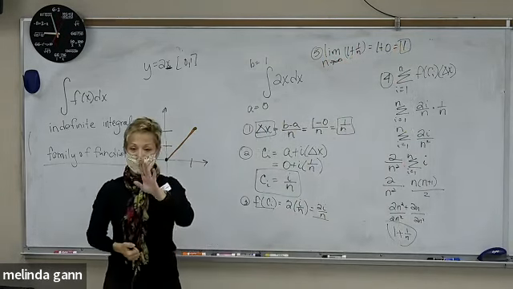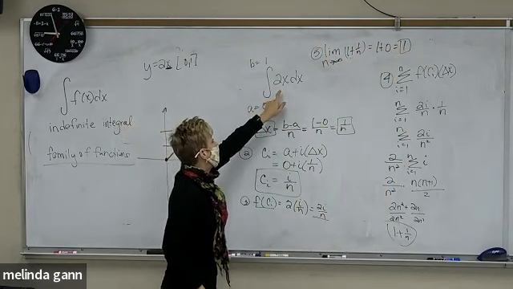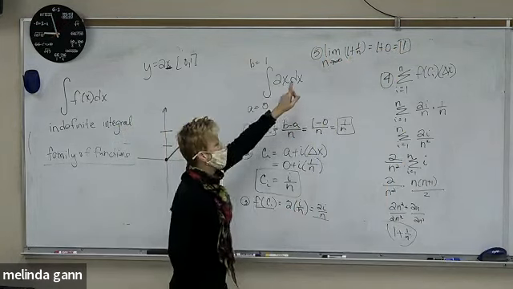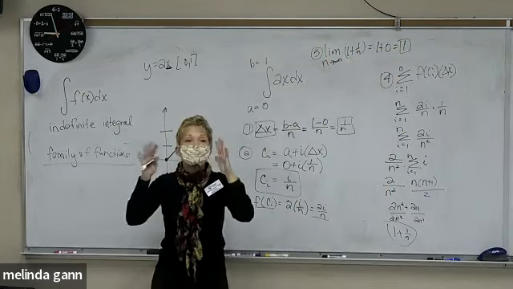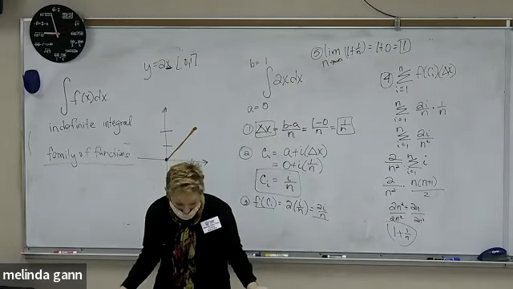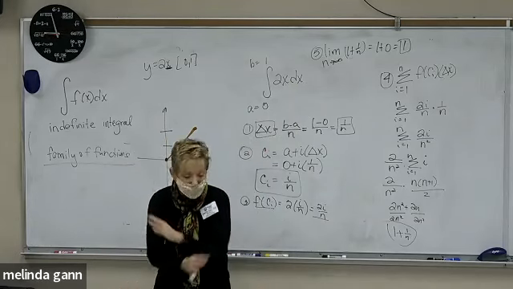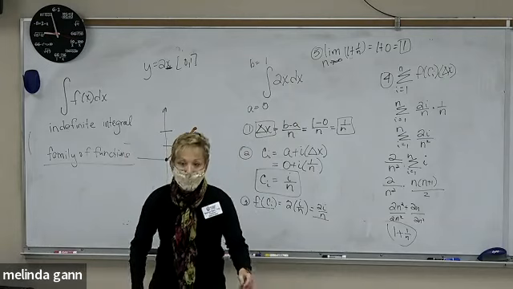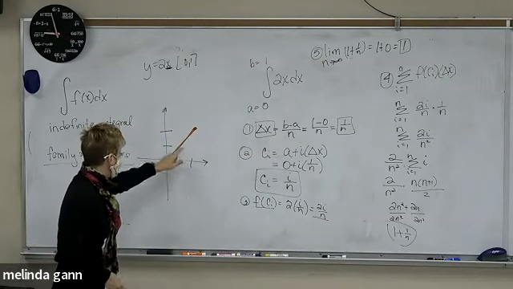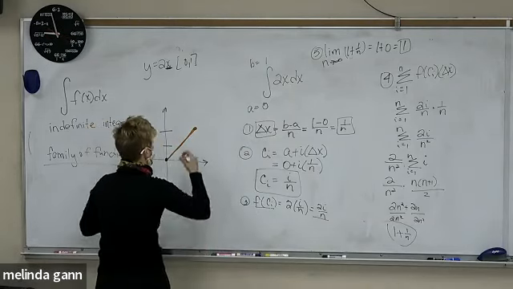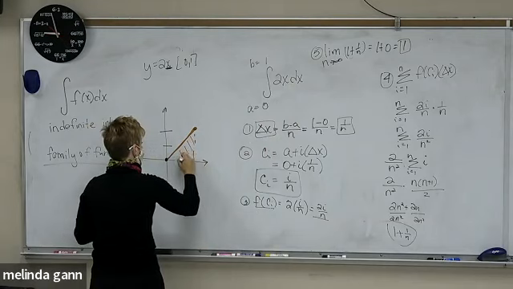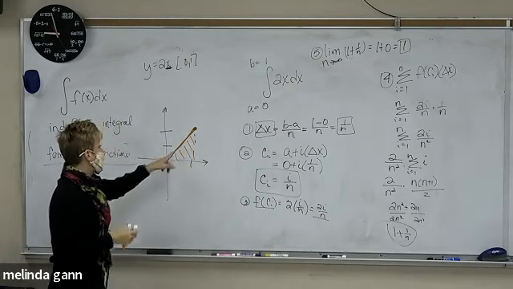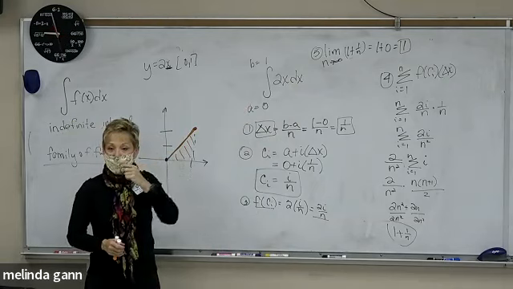Is everybody okay? So this definite integral, what's the answer to this definite integral? It's just 1. Now, this is a separate question. They are not the same. What's the area between that curve and this x-axis down here? It's also 1.